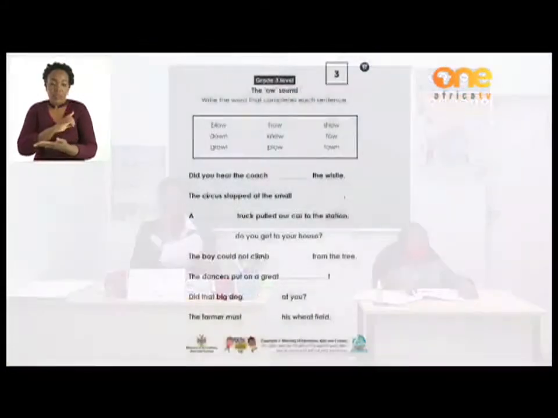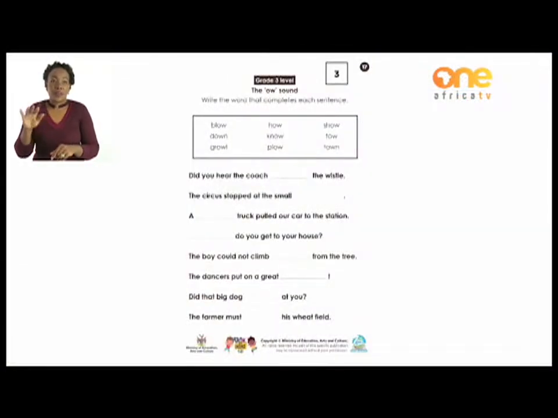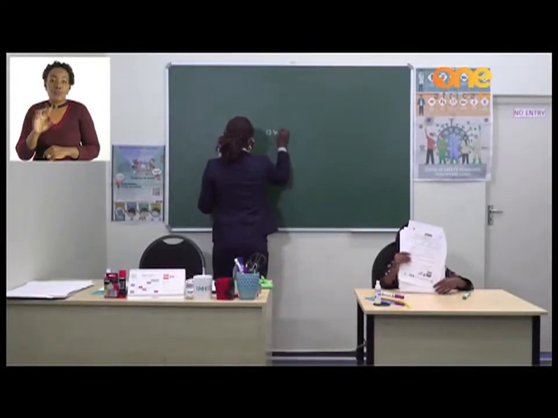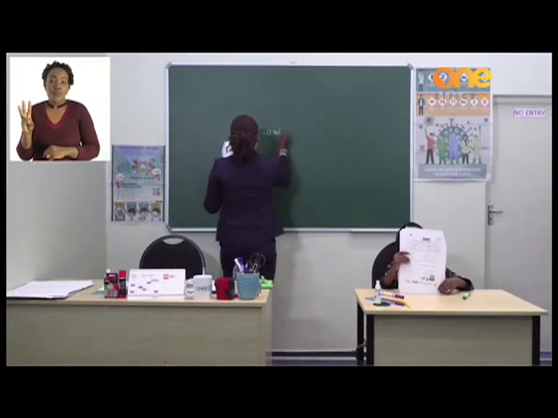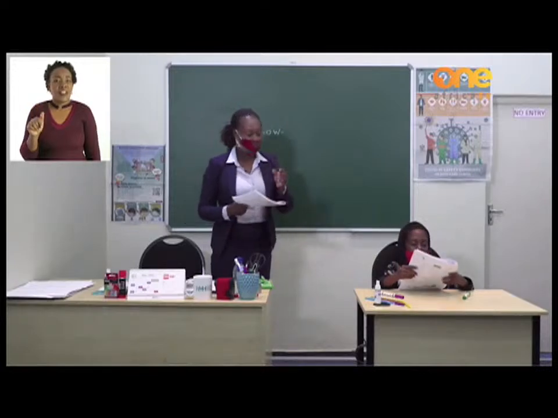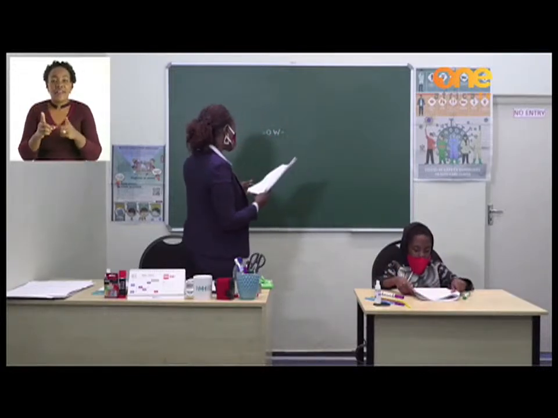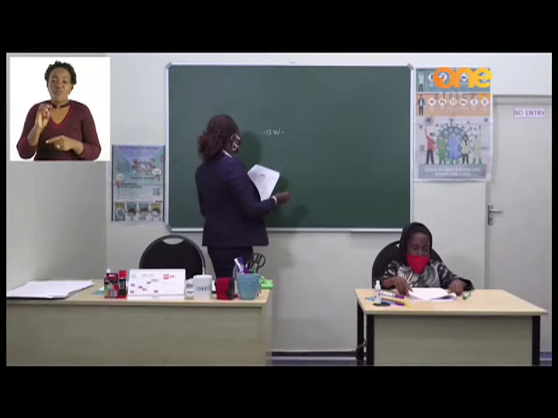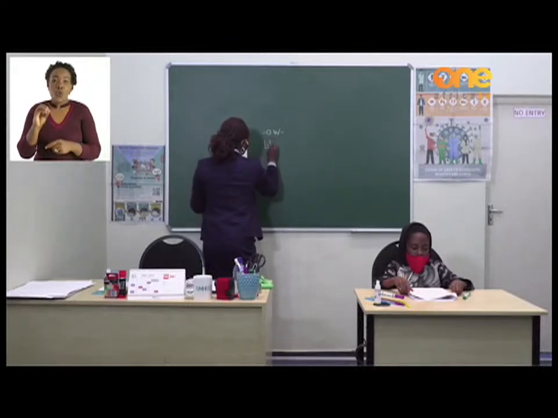Let's now turn to page 17, where we are going to talk about sounds. And today we are going to talk about the O sound. And we are given different words with the O sound. We have blow.